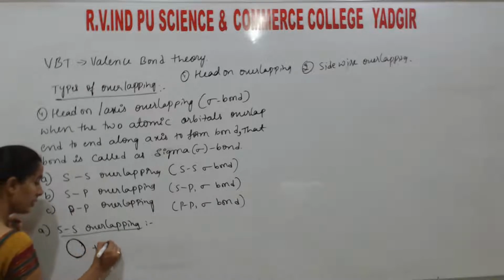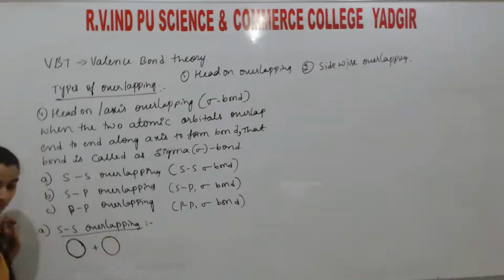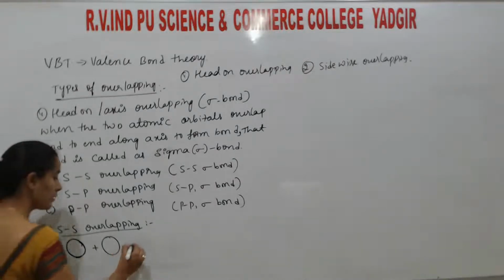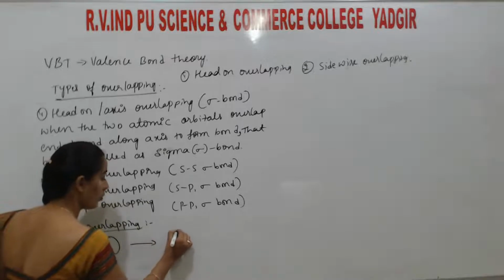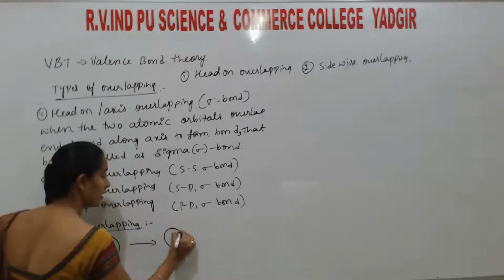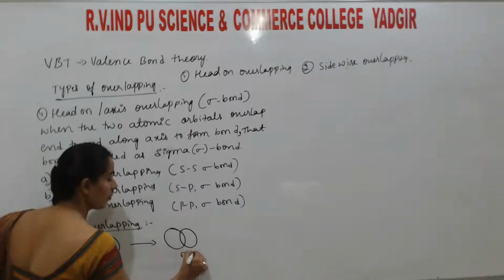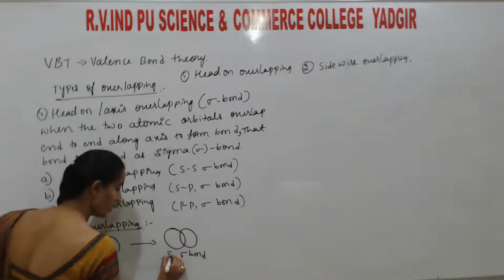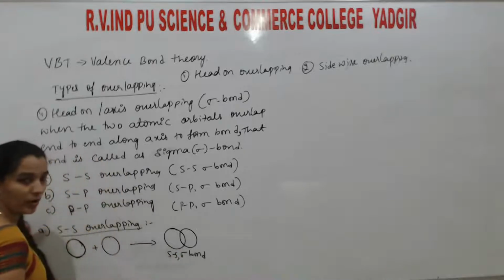Another S orbital. S orbital and S orbital. Then they form overlapping orbitals like this. They form a sigma bond. This is SS sigma bond.